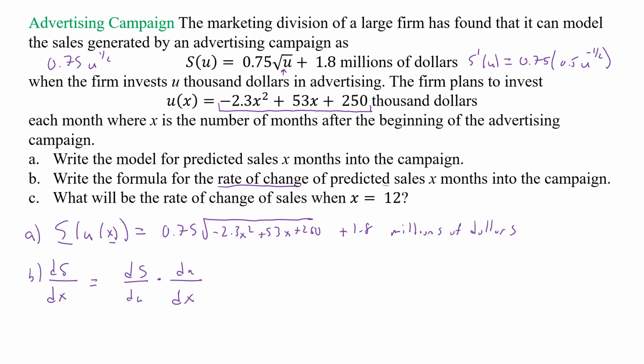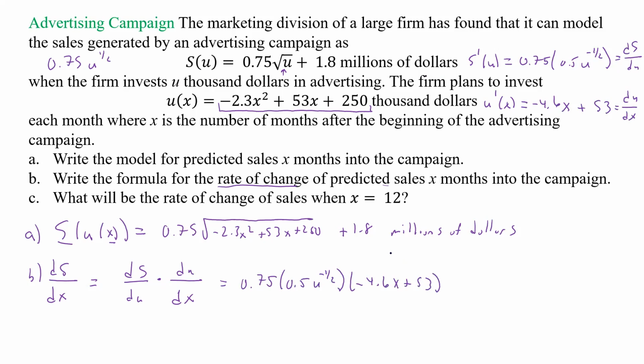Now u prime of x is equal to 2 times a negative 2.3, so that's negative 4.6x, and then plus 53. Remember, this is ds du, and this is du dx. So now we take 0.75 times 0.5 u to the negative 1/2, and then times the negative 4.6x plus 53.